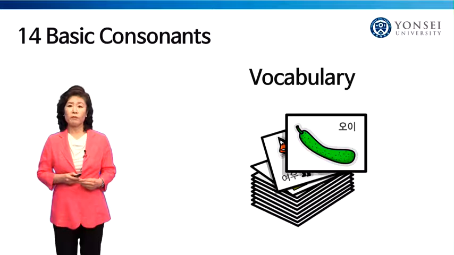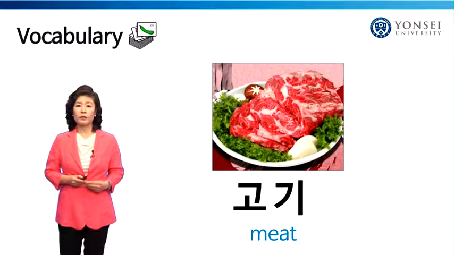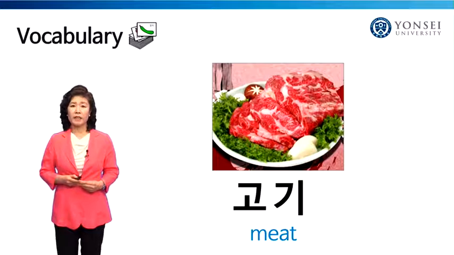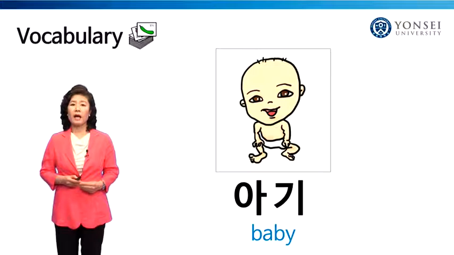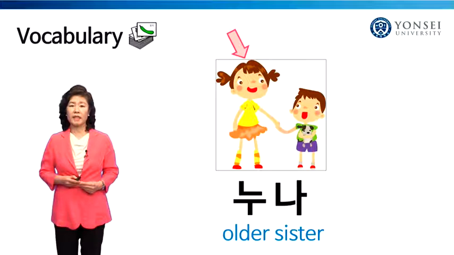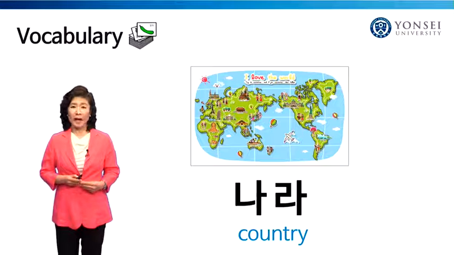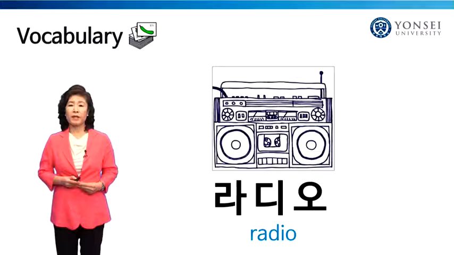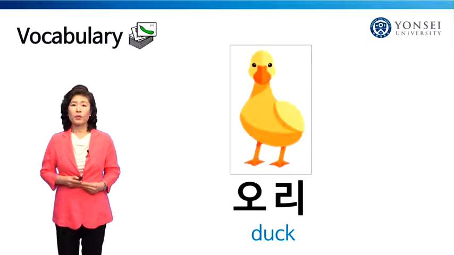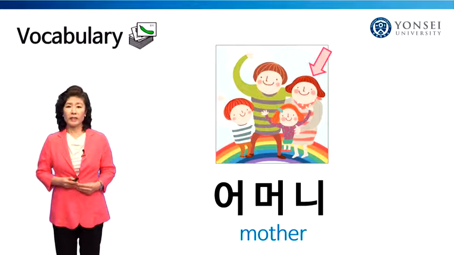Alright, repeat after me, please. 가구, 고기, 야구, 아기, 누나, 구두, 나라, 다리, 라디오, 오리, 어머니.